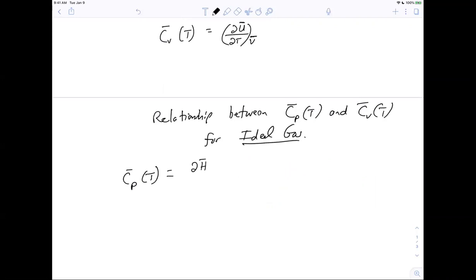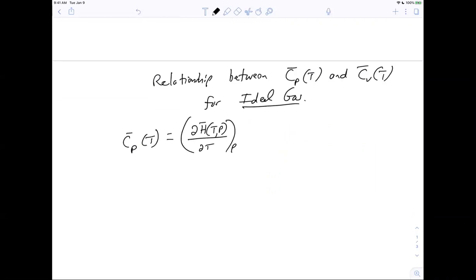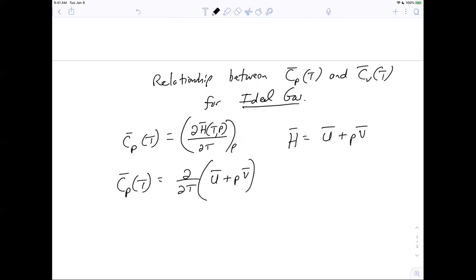So that's just dH bar/dT at constant P. Okay, but we know what H bar is. That's just U bar plus P V bar. So Cp bar of T is going to be the partial derivative with respect to temperature of this whole thing, U bar plus P V bar. Okay. And what we're going to do is hold the pressure constant.